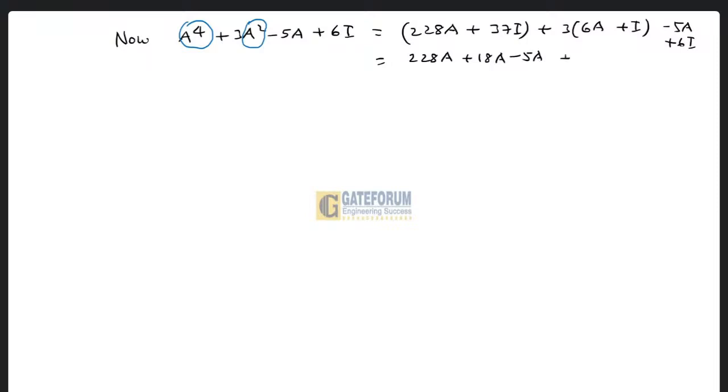Next the I terms, 37I, 3I plus 6I. So 18 minus 5 is 13, 228 plus 13 is 241A, and 37 plus 3 is 40, plus 6, 46I.